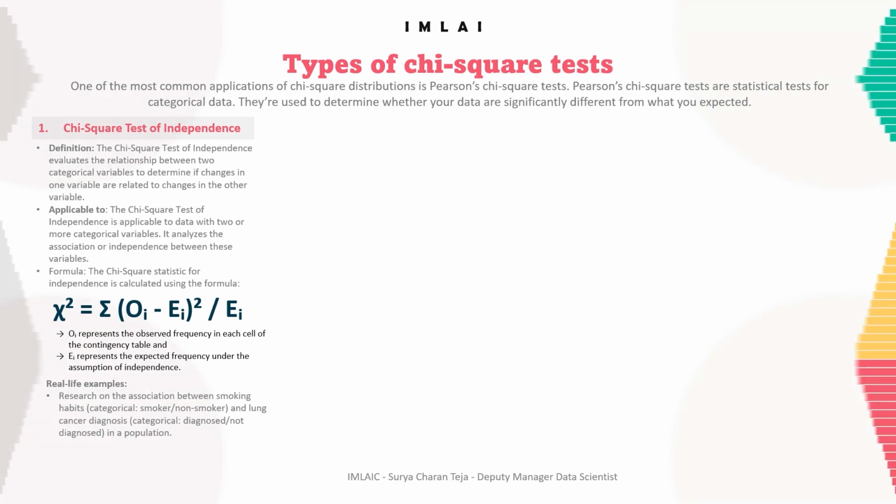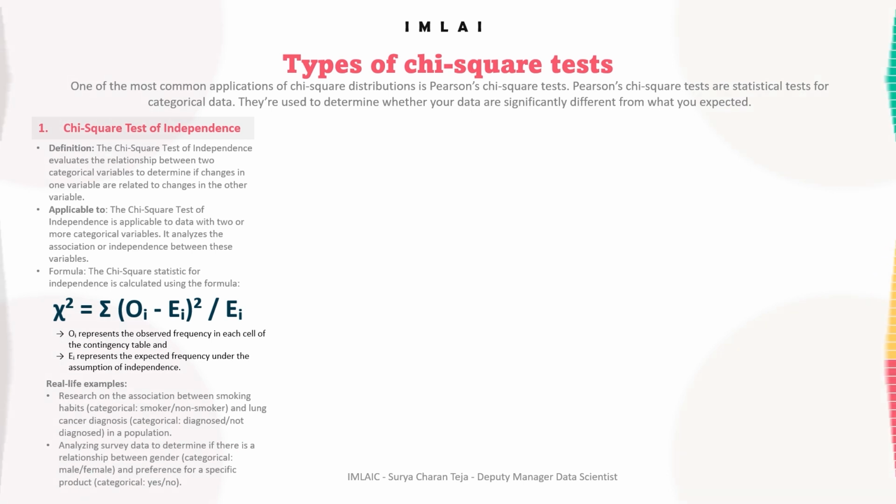And the third example, where the chi-square test of independence can be applicable, is investigating whether there is a significant association between education level, which is categorical: high school, college, graduate, and employment status, again categorical: employed, unemployed, self-employed in a particular region.